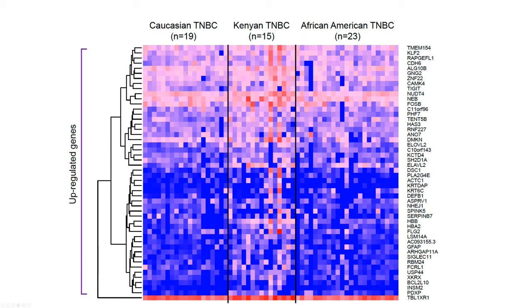So each of these dots is a gene. And you can see that in the Kenyan women in the left, in the right, you've got hot spots, red spots that are not present on the right, African-American, nor are they present on the left, Caucasian.